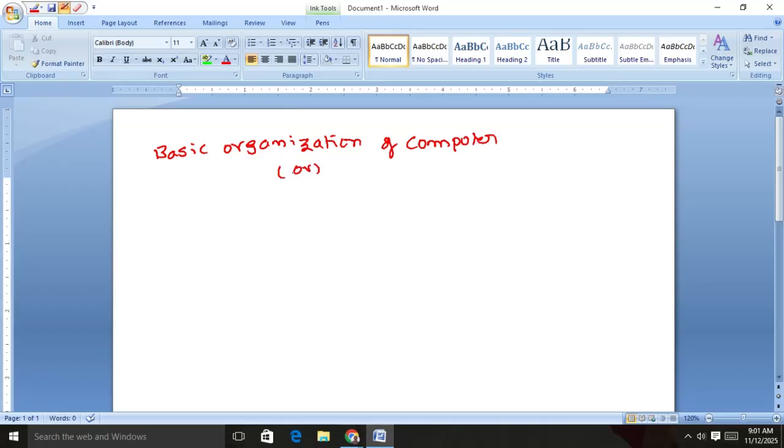This is also known as the block diagram of computer. We will also call it by another name, that is parts of computer.